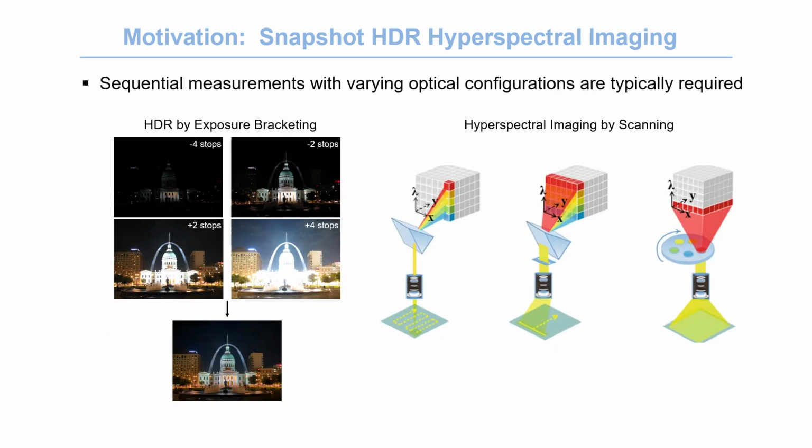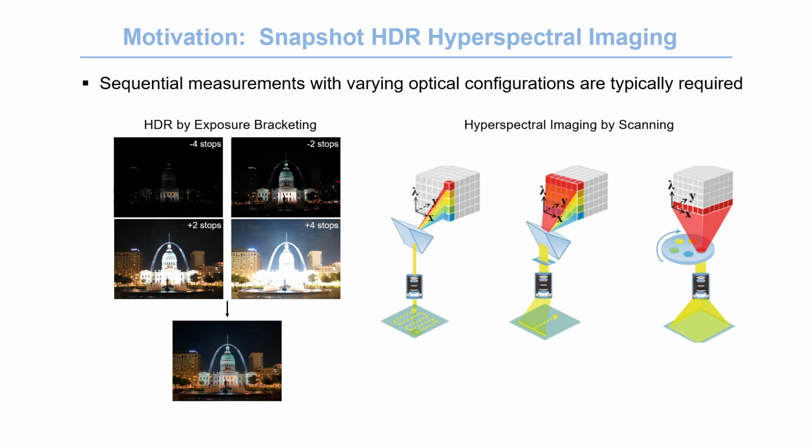In order to obtain such auxiliary information beyond photographic use, traditional methods typically rely on sequential measurements and their different optical configurations. For example, HDR imaging requires capturing a set of images at different exposure times followed by image fusion. Hyperspectral imaging often involves spatial or spectral scanning to acquire data across multiple wavelengths.